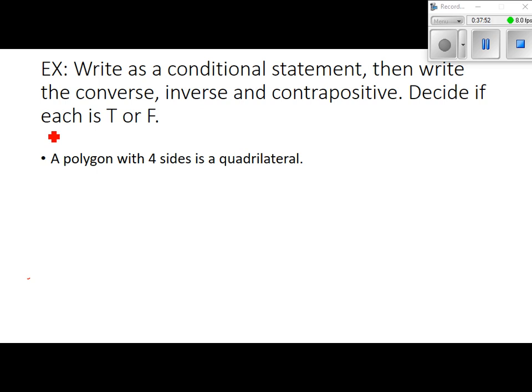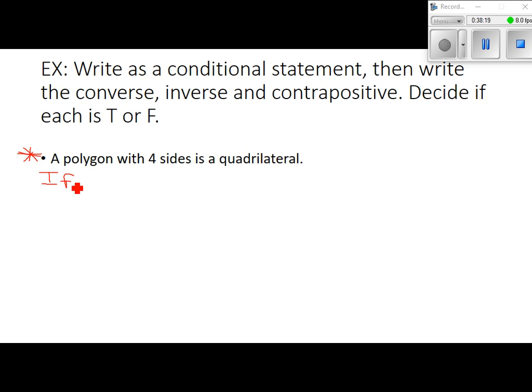First thing, you're going to write a conditional statement. So we're going to take this statement that they gave us and turn it into an if and then statement. Our statement says a polygon with 4 sides is a quadrilateral. How can we write that as an if and then statement? If polygon, then 4 sides. Or a polygon, then with 4 sides.